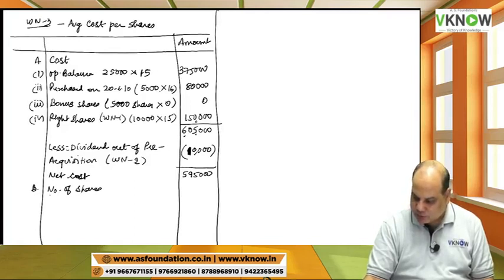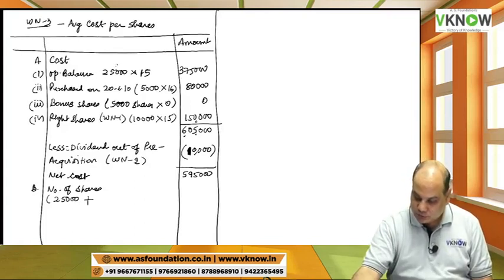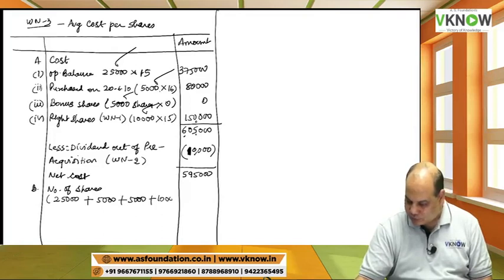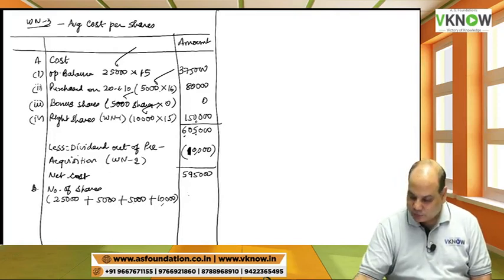Number of shares will be opening balance 25,000, purchase 5,000 plus bonus share 5,000 plus right share 10,000. So this is 25 plus 5, 30 plus 5, 35 and 10, 45,000 shares.